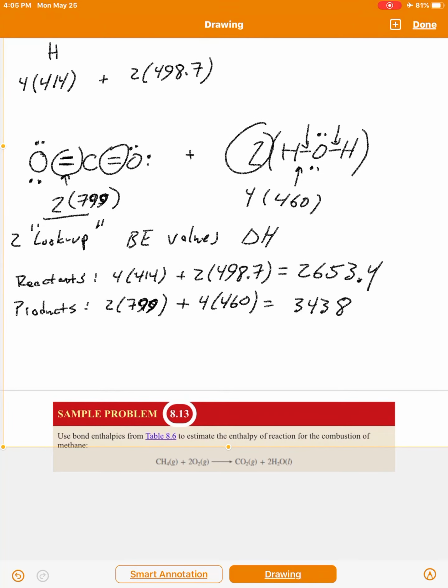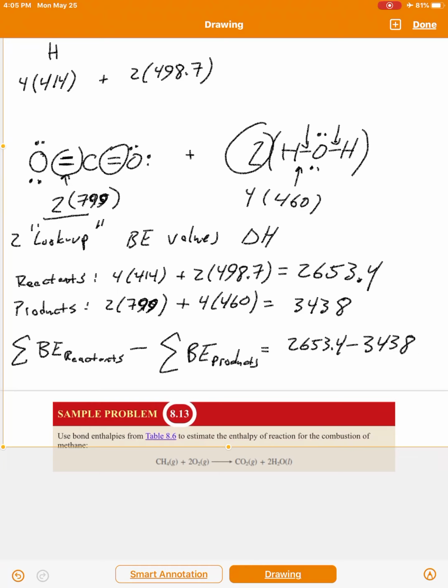What you do is you take the sum, this is the symbol for sum, of the bond enthalpies of the reactants, and you subtract from that the sum of the bond enthalpies of the products. So that would be 2653.4 minus 3438.